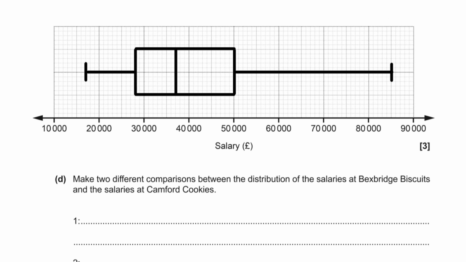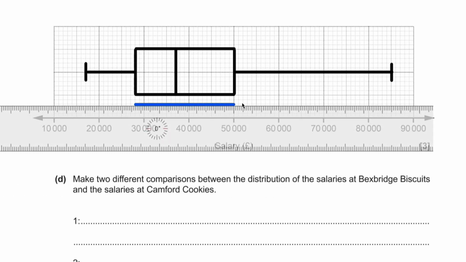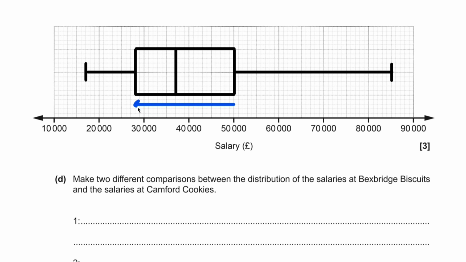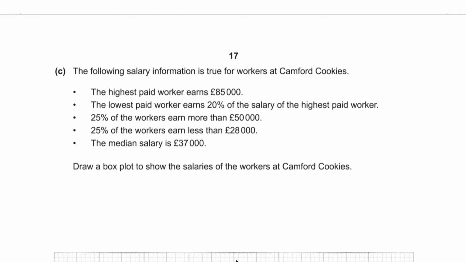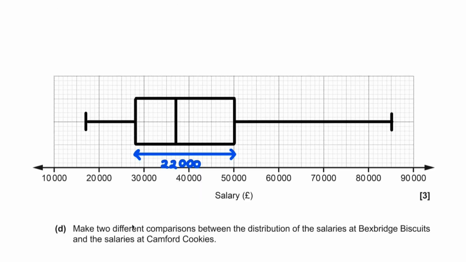Here, I've got an interquartile range of 22,000, whereas here I had an interquartile range of 22,000.